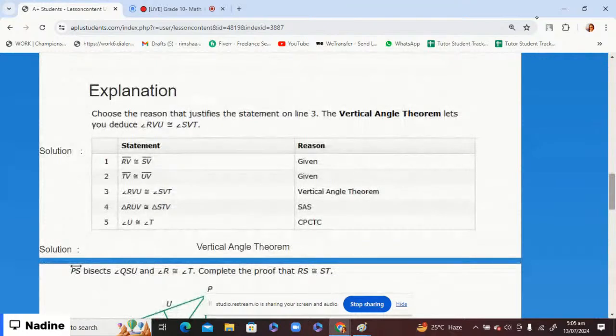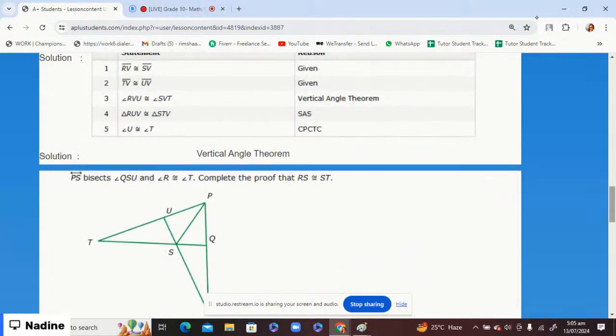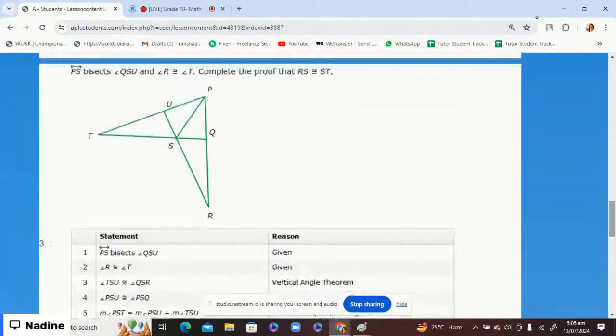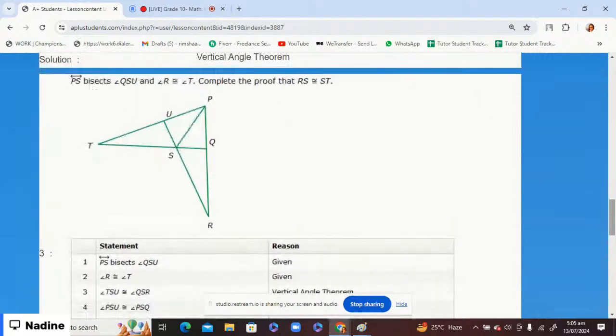Here, choose the reason that justifies the statement on line 3. The vertical angle theorem lets you deduce angles RVU and SVT. As we know, these are all theorems you basically need to understand, like how we justify and how we use the statements.